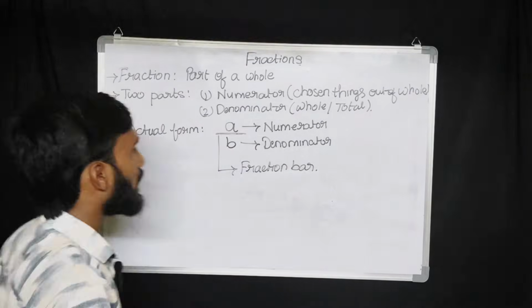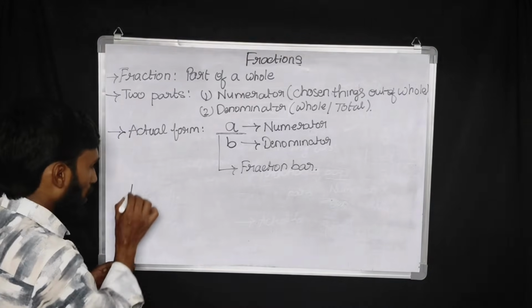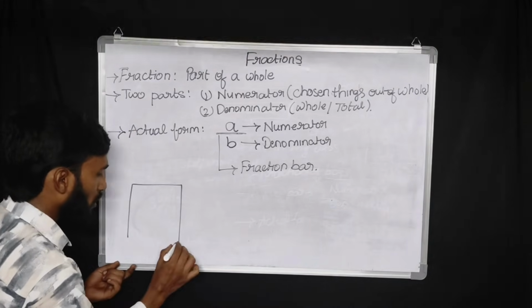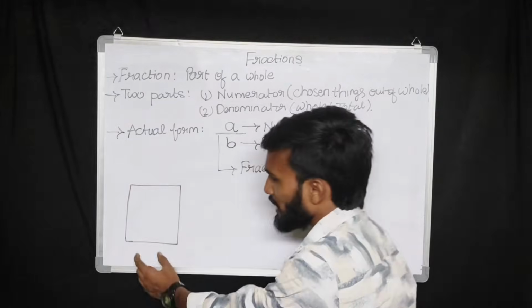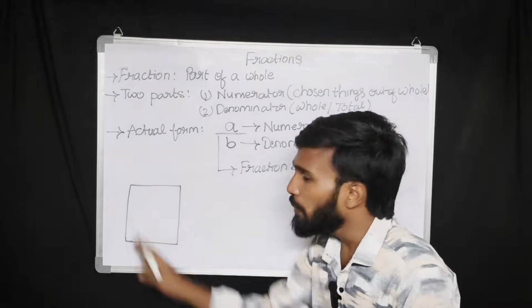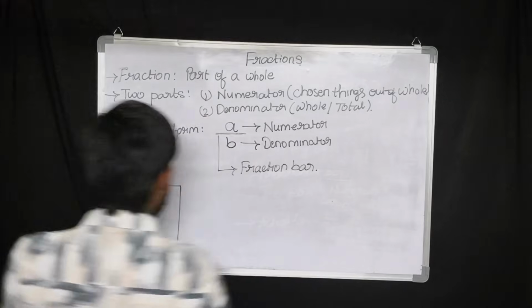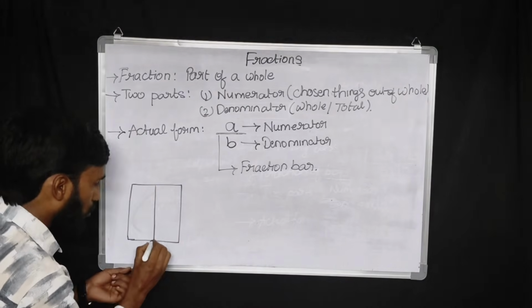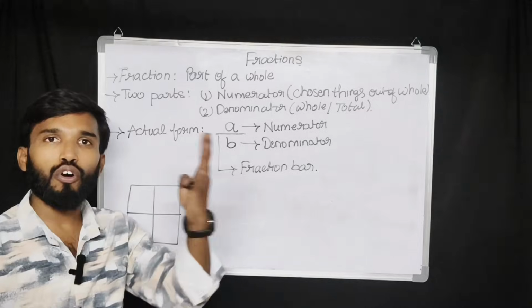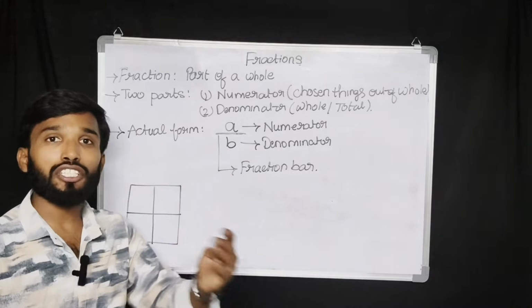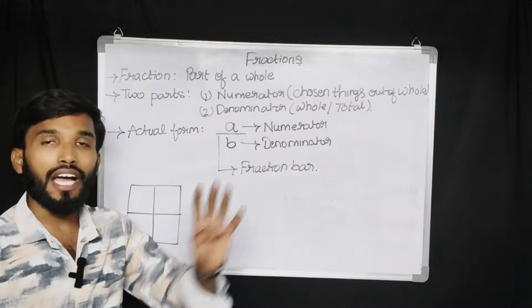Now see, I will tell some examples. First, here I am taking a square box, and this square is one whole part, one complete square, and I am dividing this square into four equal parts. How many equal parts? Four equal parts. Fraction should be equal parts, not unequal parts.